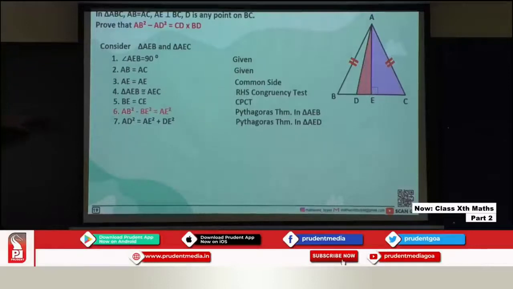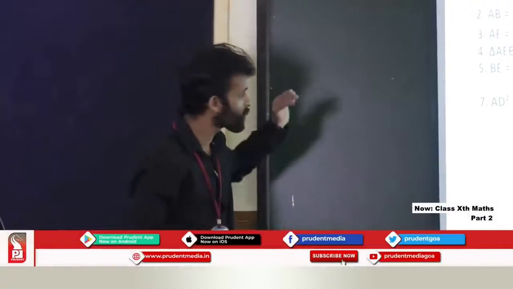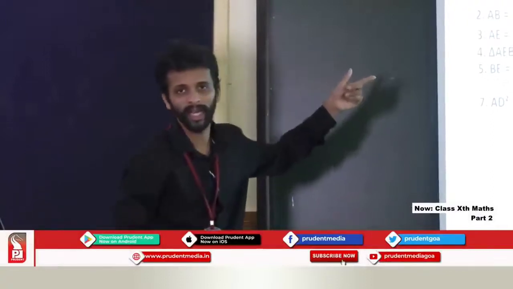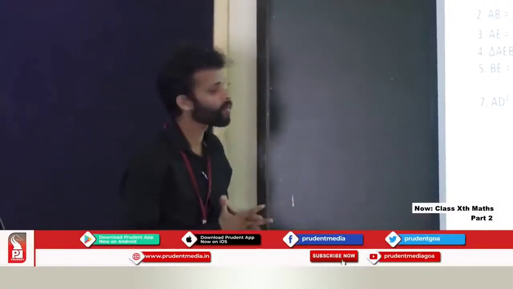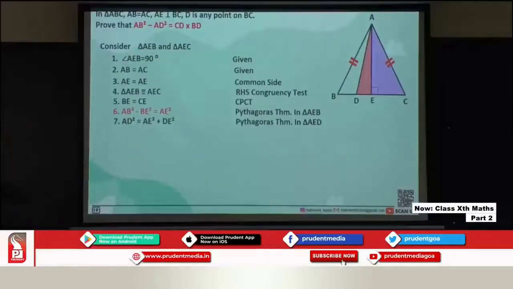If I directly wrote this as the 6th step, you would wonder that this is not Pythagoras theorem, right? So instead of writing too many steps, I have written it and told you how I got to this. Same way, try for the 7th step. I'll keep AE square on one side and take DE square to the other side. So this would become something like this.